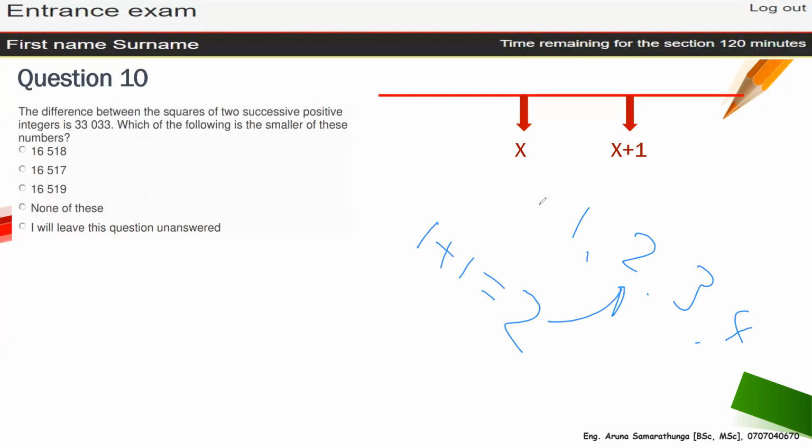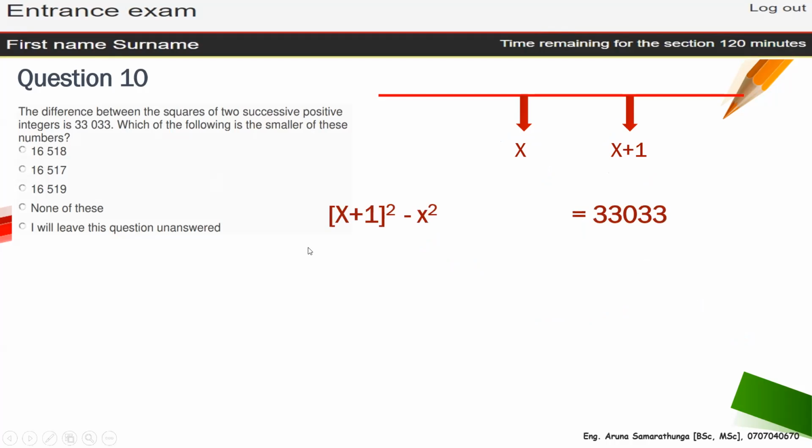If I take x, then the other one is x plus 1. What does the question say? The difference between the squares of two successive positive integers. Difference means the minus.